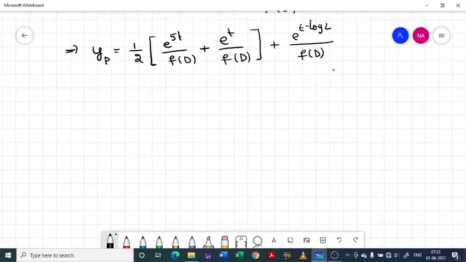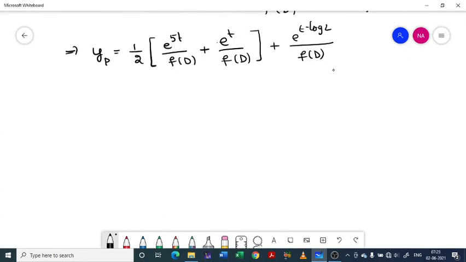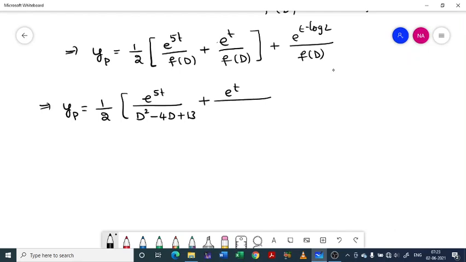So what is f of d here? D square minus 4d plus 13. So yp equal to 1 by 2 into e power 5t divided by d square minus 4d plus 13, plus e power t divided by d square minus 4d plus 13, plus e power t into log 2 divided by d square minus 4d plus 13.